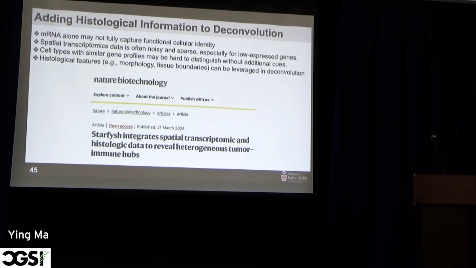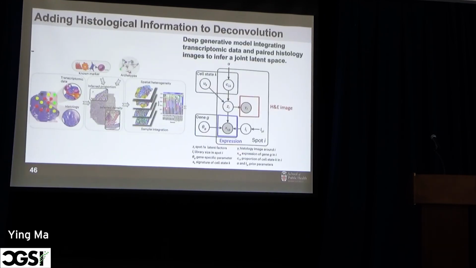Cell types with similar gene profiles may be harder to distinguish without additional information. So histological features such as morphology and tissue boundaries can be leveraged in the deconvolution. For the 10x Visium technology, there is also paired histology H&E imaging data, along with the paired spatial transcriptomics data.